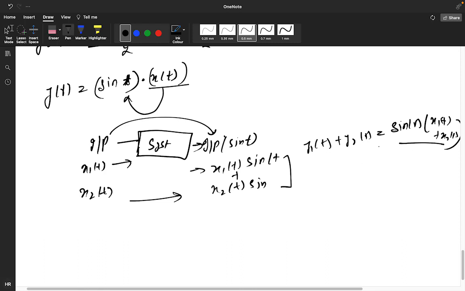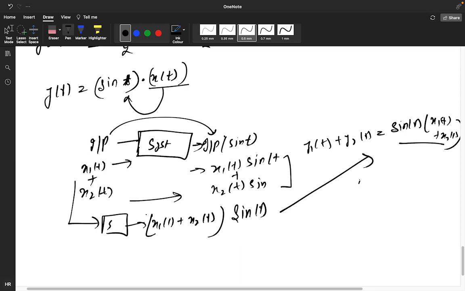Now if I add the inputs and give them to the system, my input is x1 of t plus x2 of t, and it gets multiplied with sine t. So both are the same, so it is following the law of additivity.